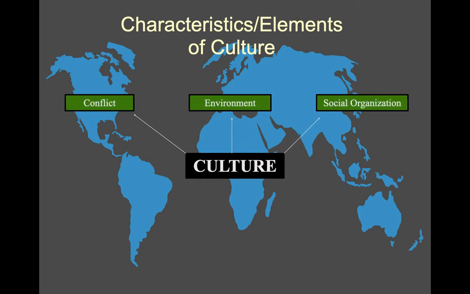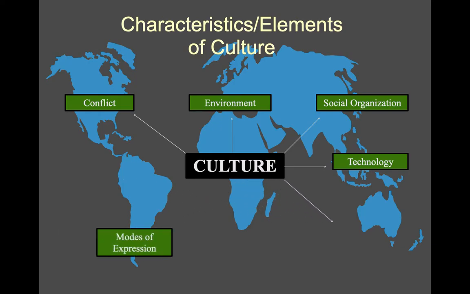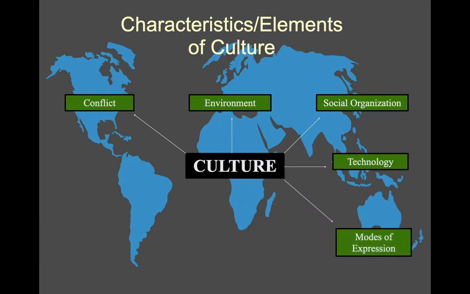We're going to look at social organization, how culture impacts the way that societies organize themselves socially. We're going to look at technology. We'll be discussing modes of expression, how different cultures express themselves, not only in just their reactions to things, but how do they express the stories and their values and their ideals.